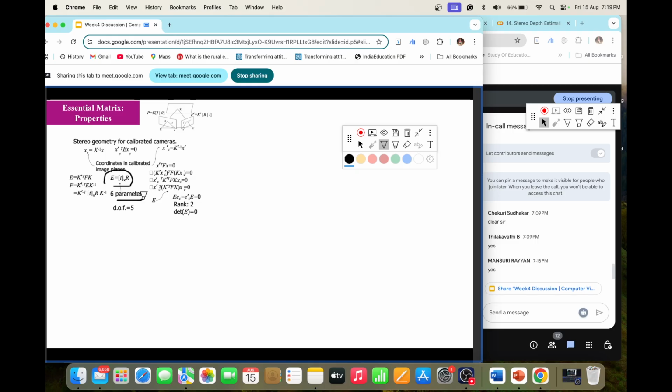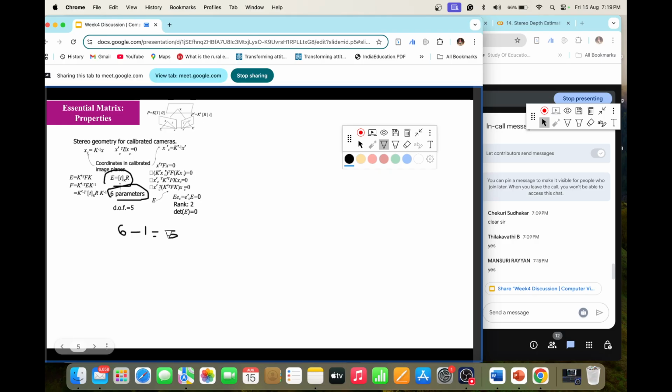So our essential matrix has actually 6 parameters, and one parameter is always for scaling. So our essential matrix will have 6 minus 1 equals 5. That will be the degree of freedom of our essential matrix.